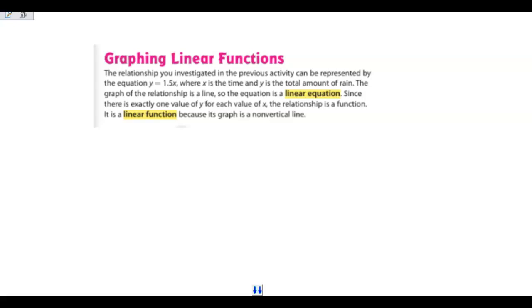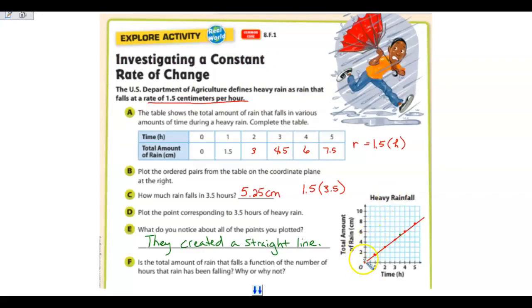And so that's why we call this a linear function, because the graph is a non-vertical line. Okay, so it's non-vertical, which means it doesn't go just straight up and down. It creates a line, so it's linear. And when we do the vertical line test on it, we find that each input has exactly one output, so that makes this a linear function.